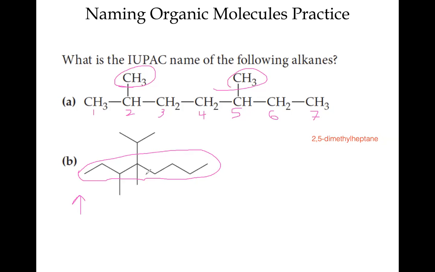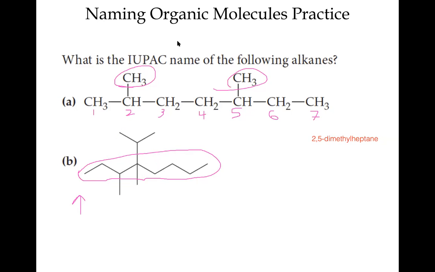So if this is my longest chain, that means I have a branch here, right? This line here is a branch. And that's closer to the end than if I numbered it the other way. If I went this way, then I wouldn't get a branch till I got to this one. Okay, and that would be 1, 2, 3, 4, 5, as opposed to 1, 2, 3.